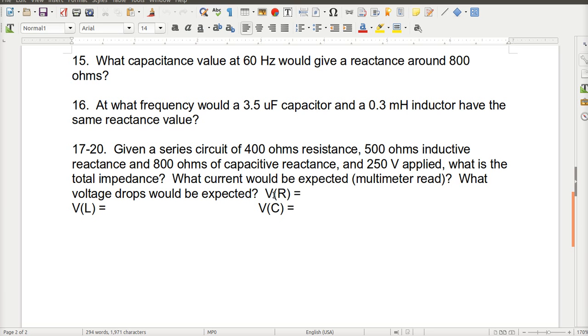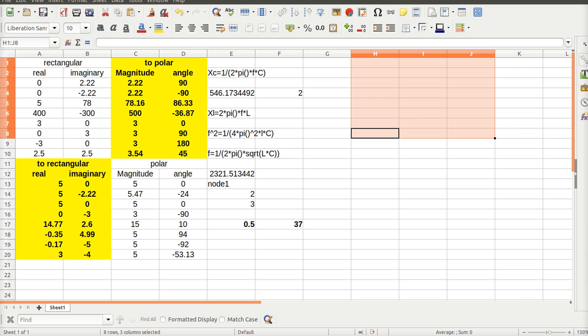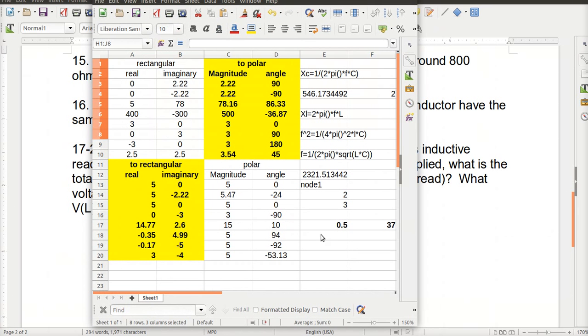What voltage drops would you expect? Now I can take that individual current and multiply it by the resistance, the value of the inductive reactance, and the value of the capacitive reactance. And you will see that you can get voltage values. So 0.5 times 400 is 200 ohms, right?